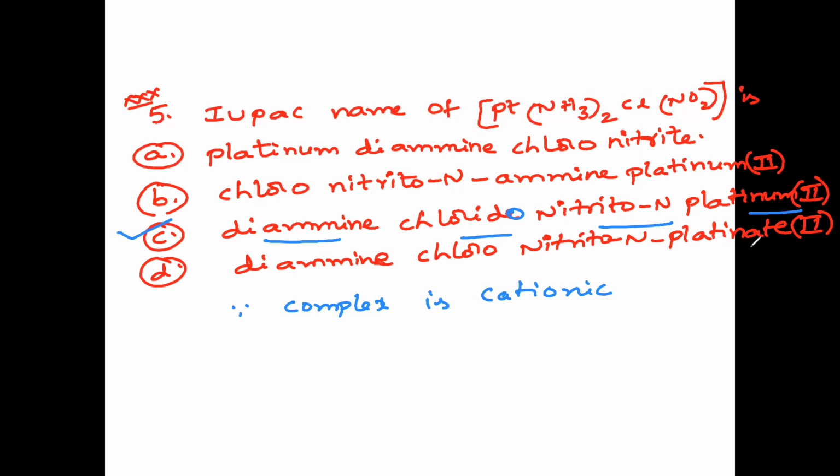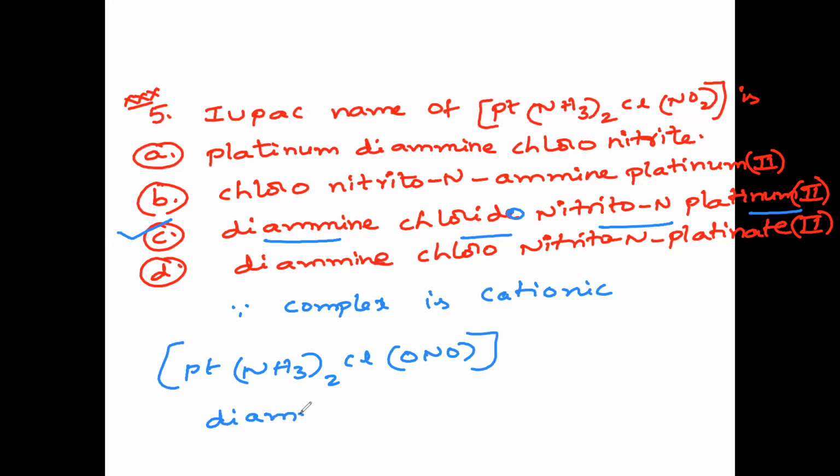For an anionic complex we'd write platinate; since the complex is cationic, we say platinum 2. And if the same question is asked like this, platinum, NH3 taken twice, Cl, ONO, instead of NO2, then the name is very, very important.